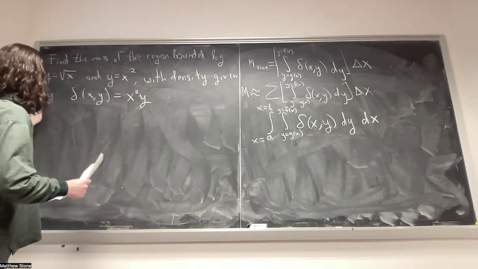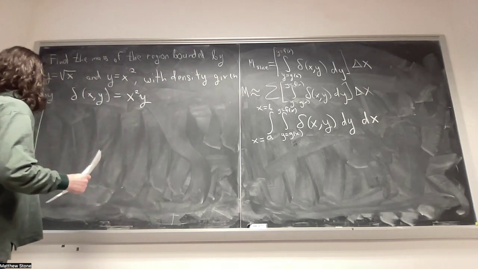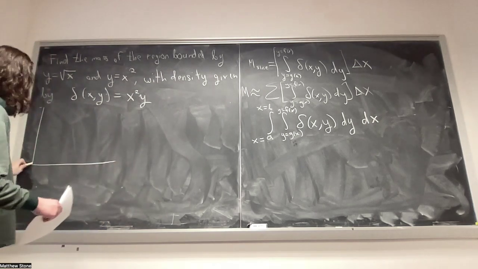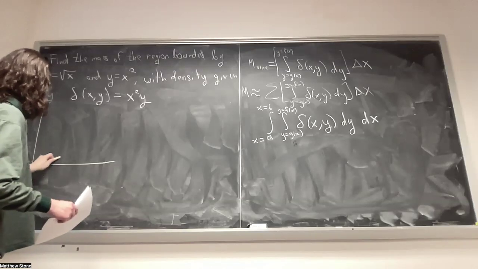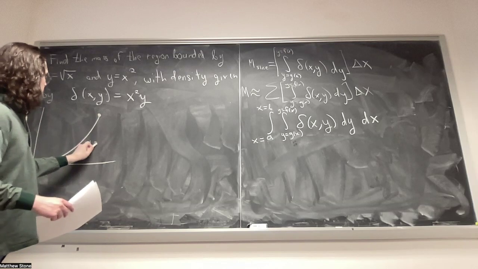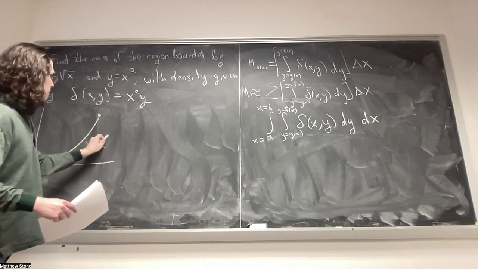First thing we're going to want to do to help us along is draw our graphs here. So we've got y equals square root of x. It looks something like this. Sorry, y equals x squared, looks something like this.